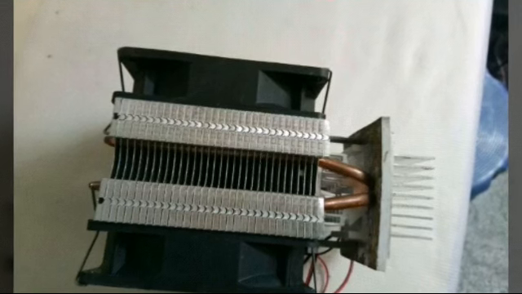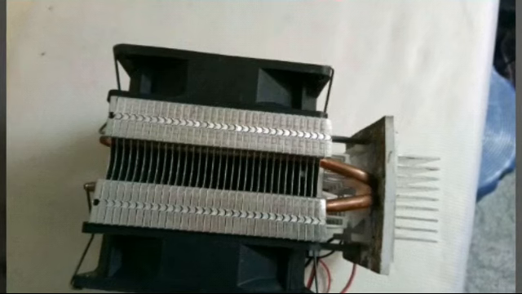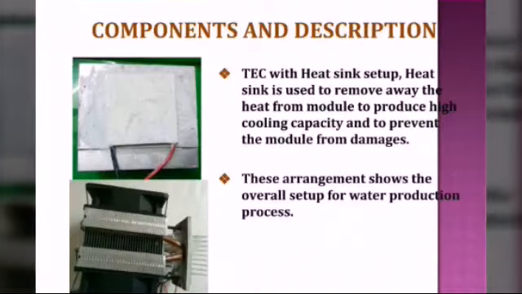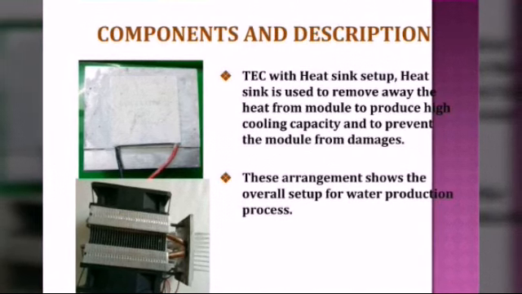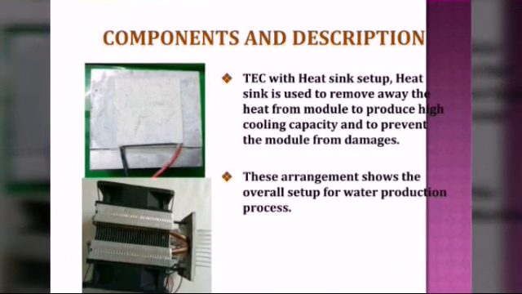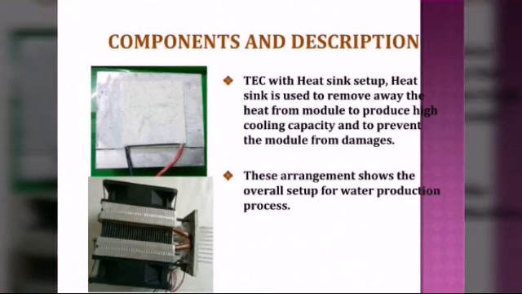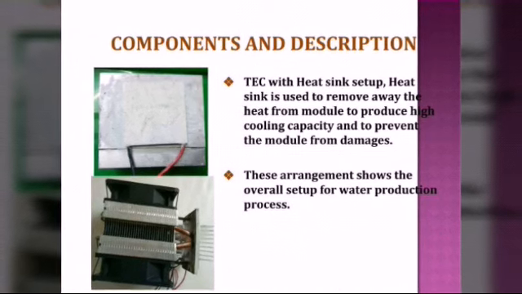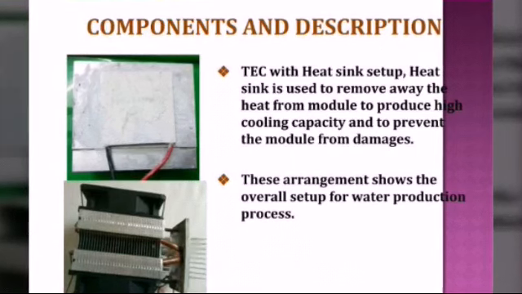The next step is effective cooling, produced by the element by removing the heat. The efficiency of the element, which is the TEC 12706, is up to 5 degrees Celsius or even 2 degrees Celsius.